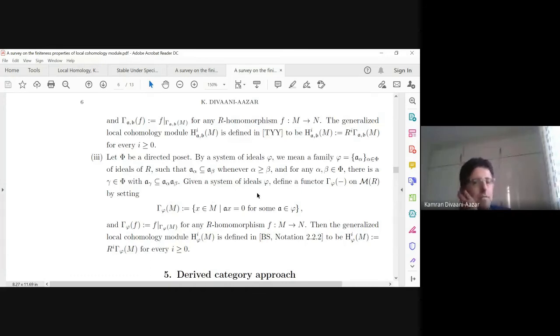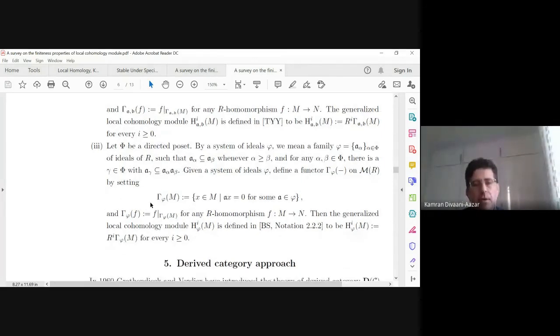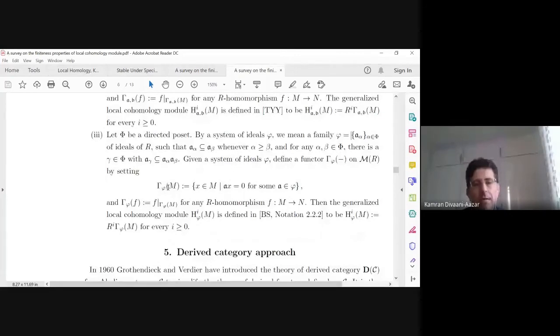Given a system of ideals phi, we can define the functor Gamma_phi on the category of R-modules by the following formula. Gamma_phi(M) is the set of elements that are annihilated by some ideal in phi. And as usual, Gamma_phi(f) for an R-homomorphism f is defined by restriction of f to Gamma_phi(M).